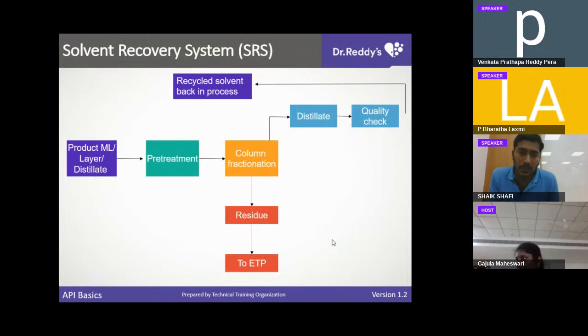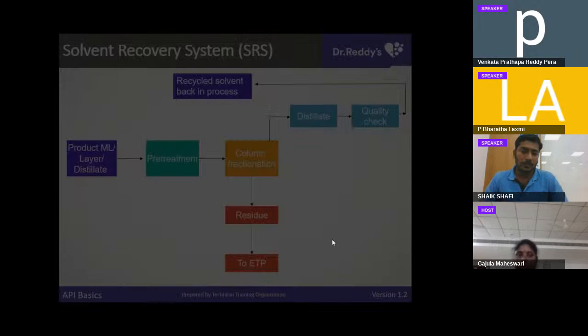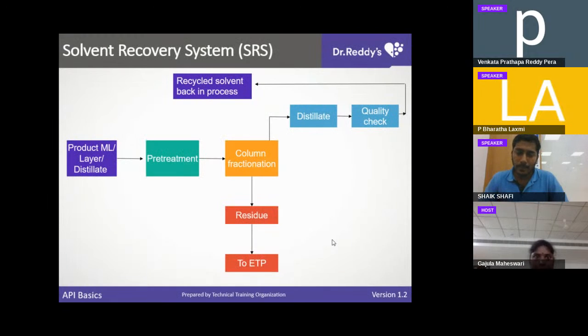Again, I told solvent recovery system. Basically, it is the heart of the company, because we are using a large quantity of solvents in the process. After the process, these solvents come out with contamination, with some color change, with some impurities. Then we need to purify it again and use it in the process again.